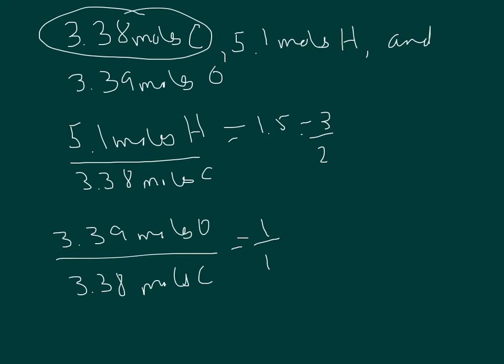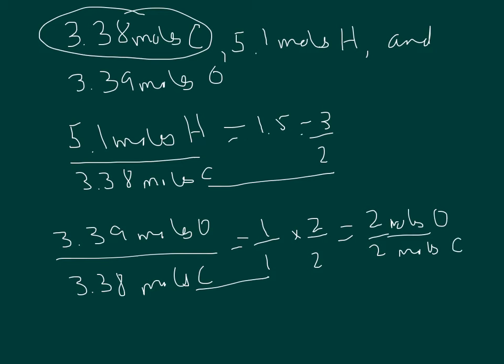Okay, now we cannot have in one ratio 2 of carbon and in another have 1 of carbon. So we have to get a common denominator. So we're going to have to multiply this one here by 2 on the top and bottom. So we get a common denominator of 2 for both. So here we have 2 moles of oxygen for every 2 moles of carbon.